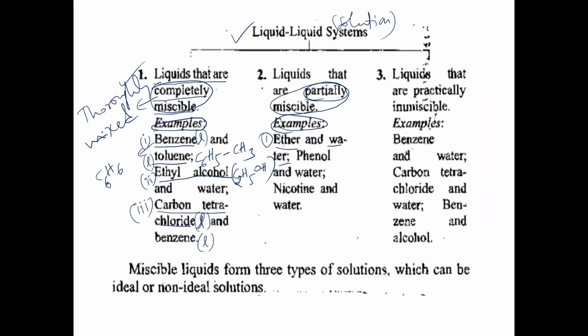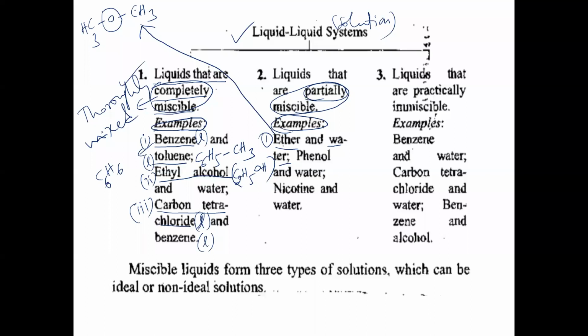Here ether will be of different types. Suppose you take CH3-O-CH3. It is dimethyl ether. Here CH3 is a methyl group. The -O- bond is called ether. How many methyl groups in this formula? 2 methyl groups.